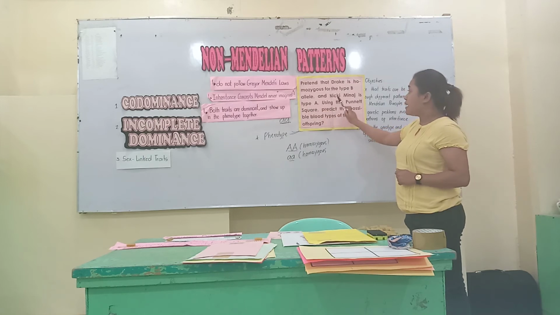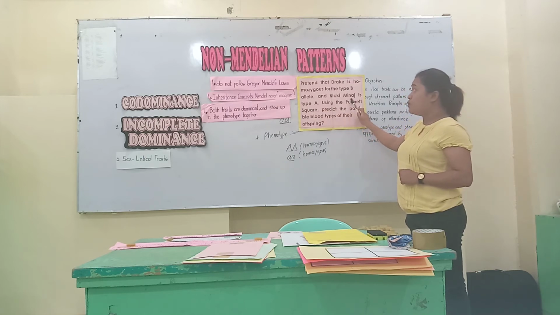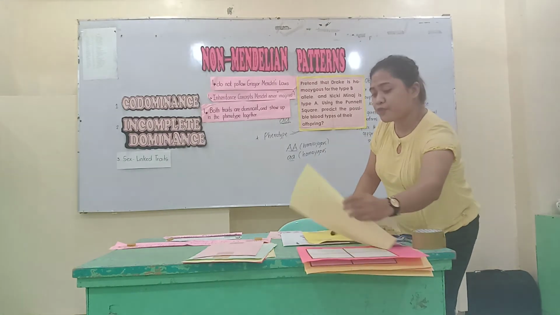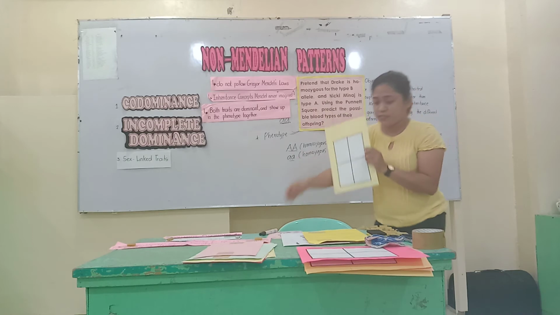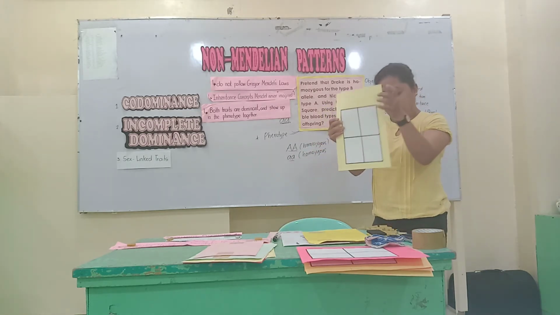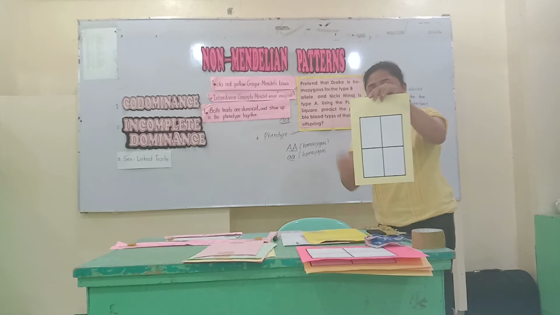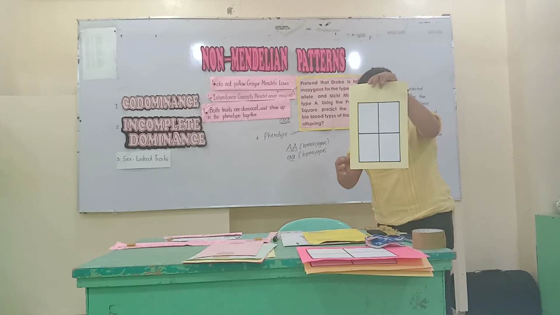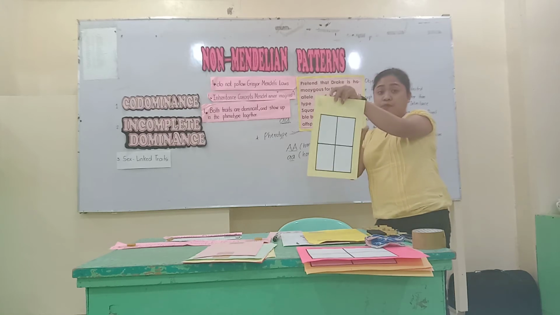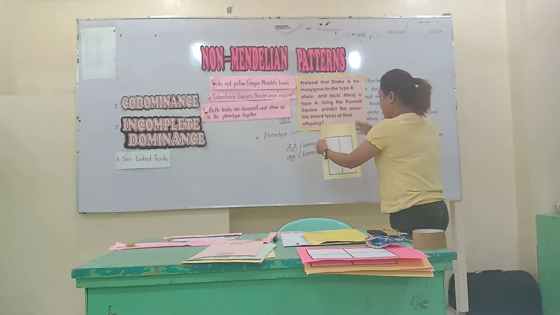Okay? And Nicki Minaj is homozygous for type A. So using a Punnett square, this Punnett square will help us aron makita nato ang iyahang mga probable offsprings. Unsay posible or probable niya nga mamahimong anak. Ani nga breed.